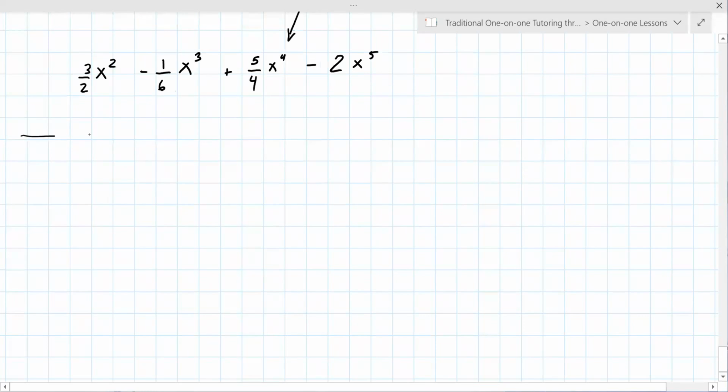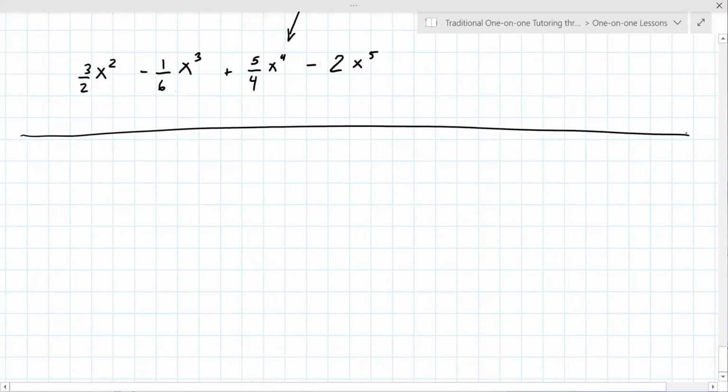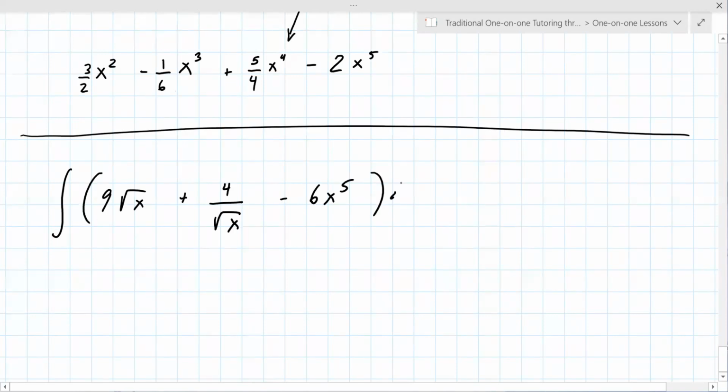All right, now I'll do a couple more variations of this because this is important to be able to do. Let's do the integral of 9 square root of x plus 4 over square root of x minus 6x to the 5th dx. Let's just do this one.